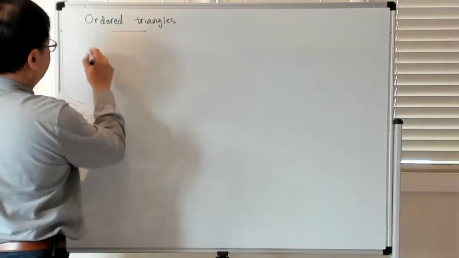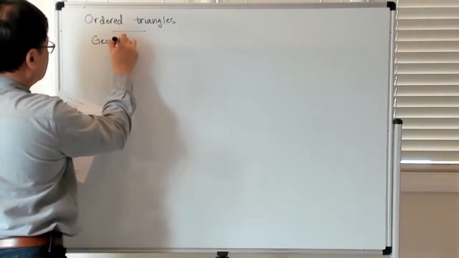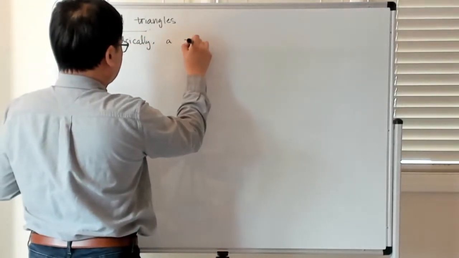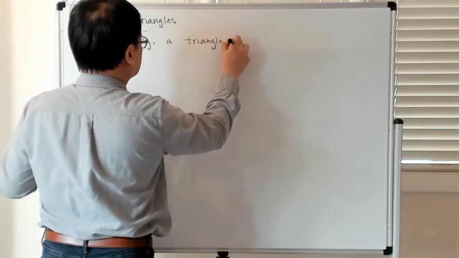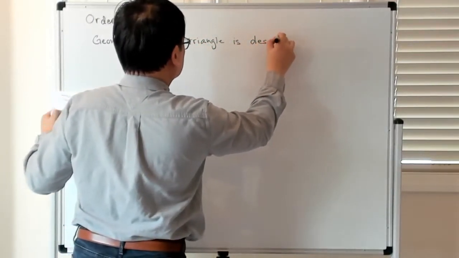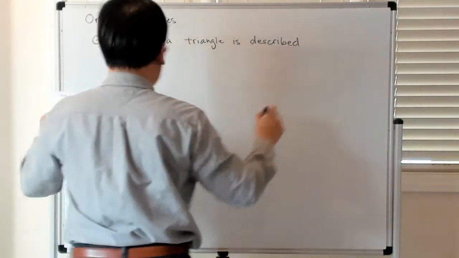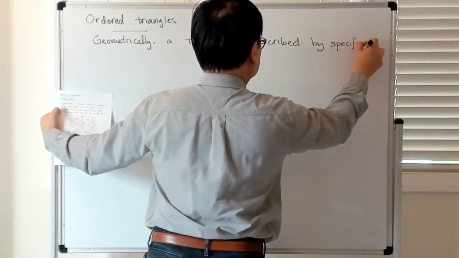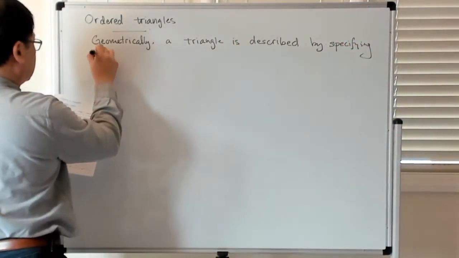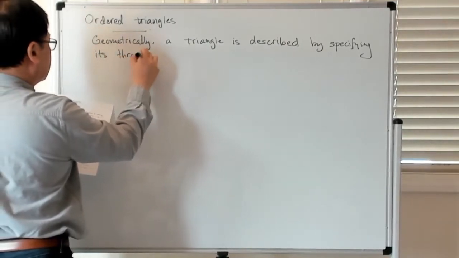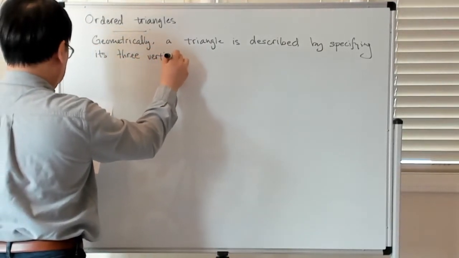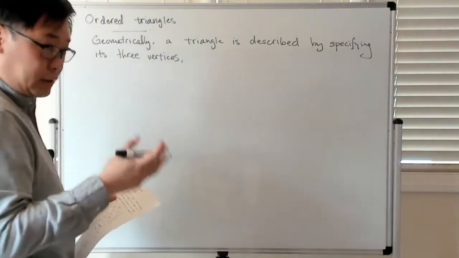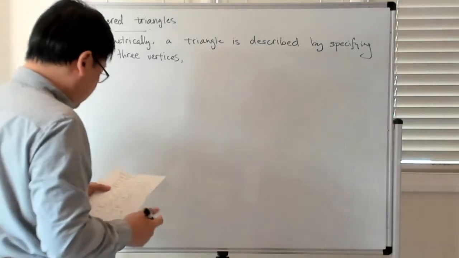Okay, so of course geometrically a triangle is described by specifying its three vertices. But if you want to represent it as a tuple, it's an ordered tuple of vertices.